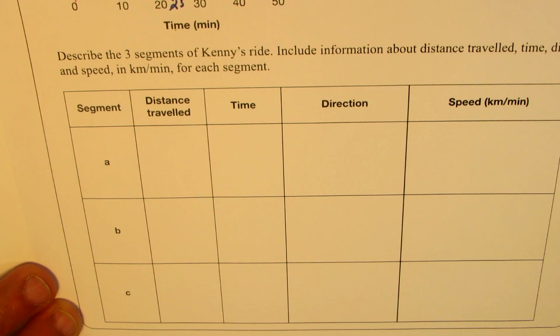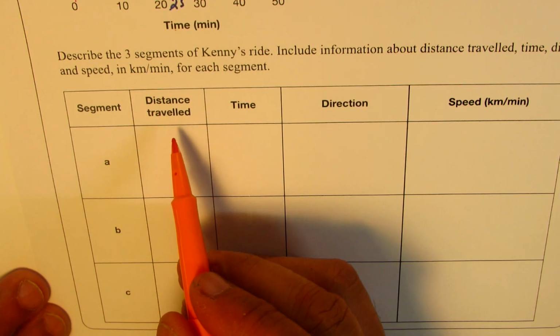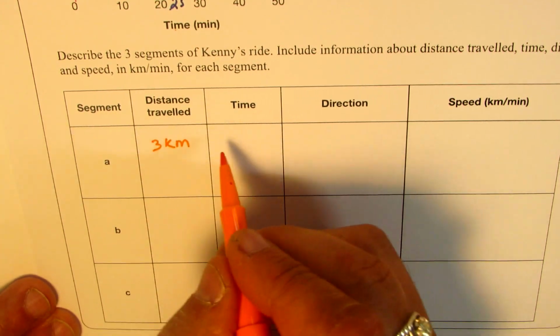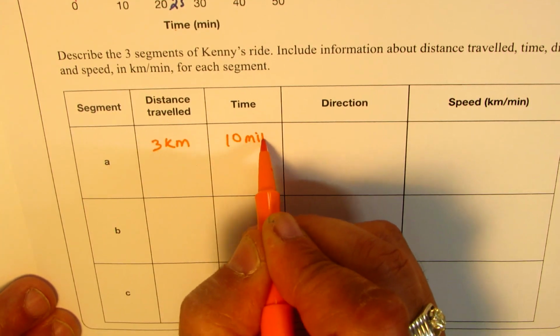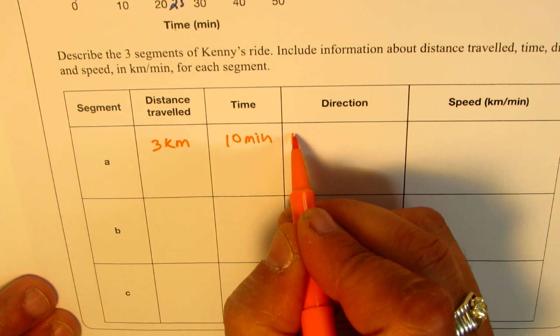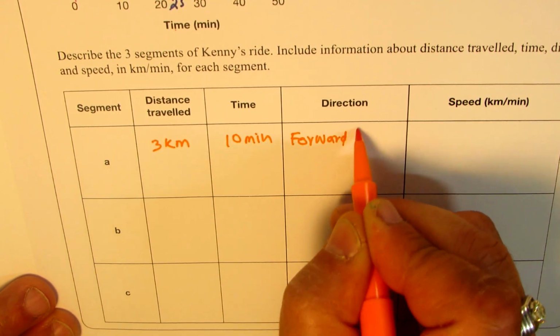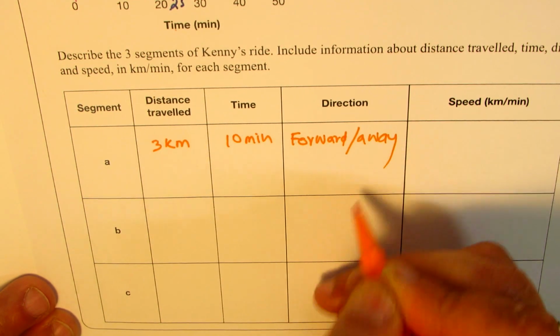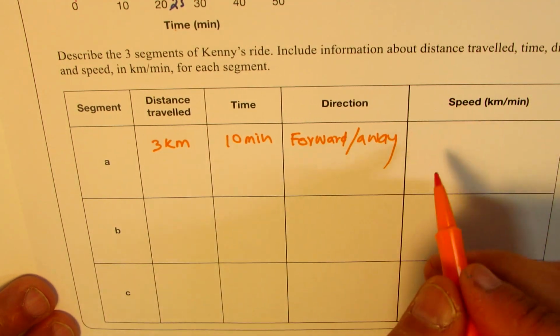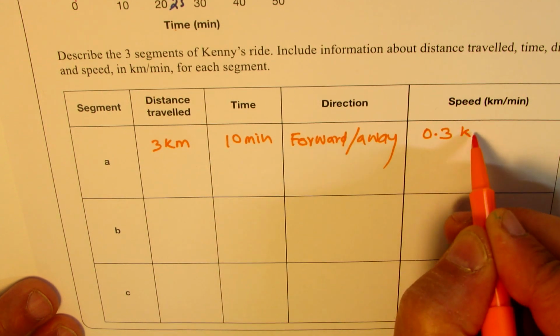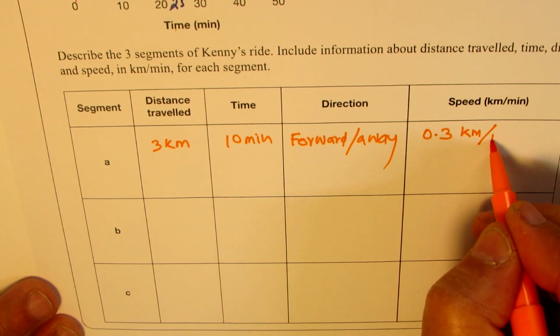So segment A. Distance traveled during this is 3 kilometers. Time taken here is 10 minutes. Direction is forward, away. You can say forward or you can say away, moving away. Speed in kilometers per minute is 0.3 kilometers per minute, right?